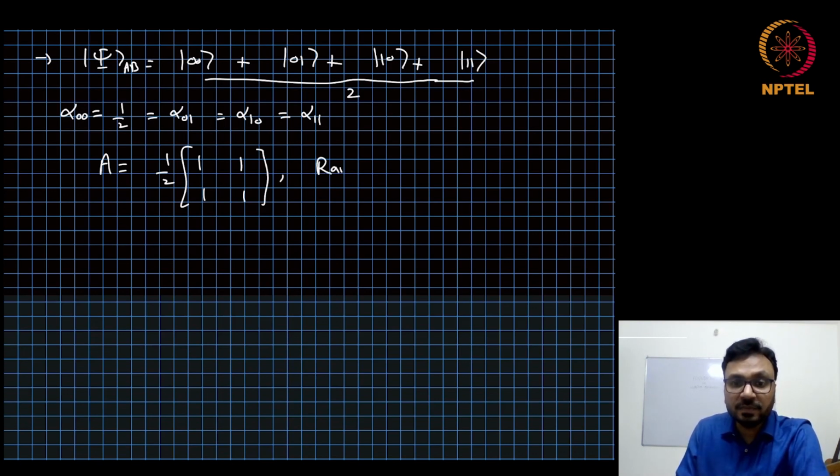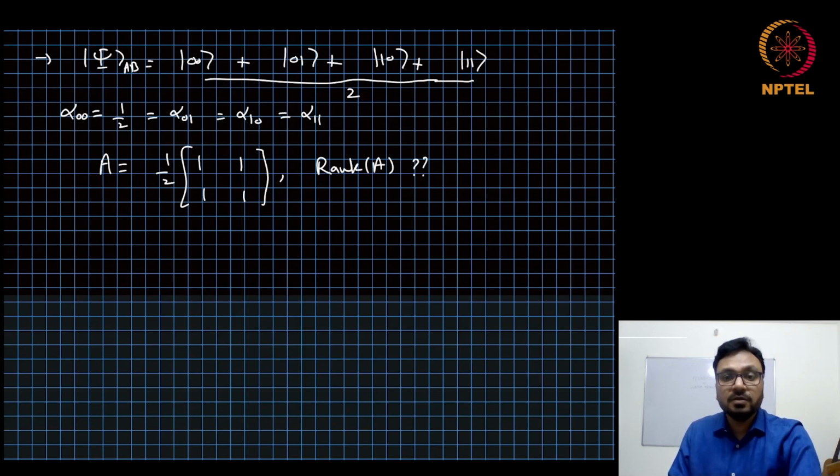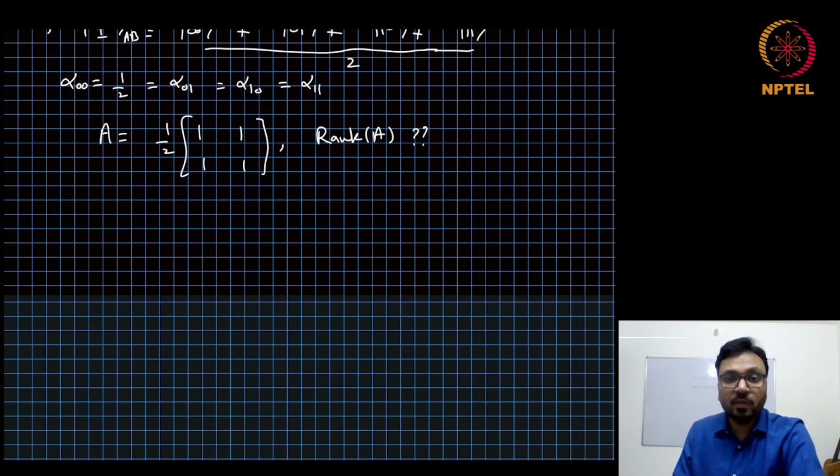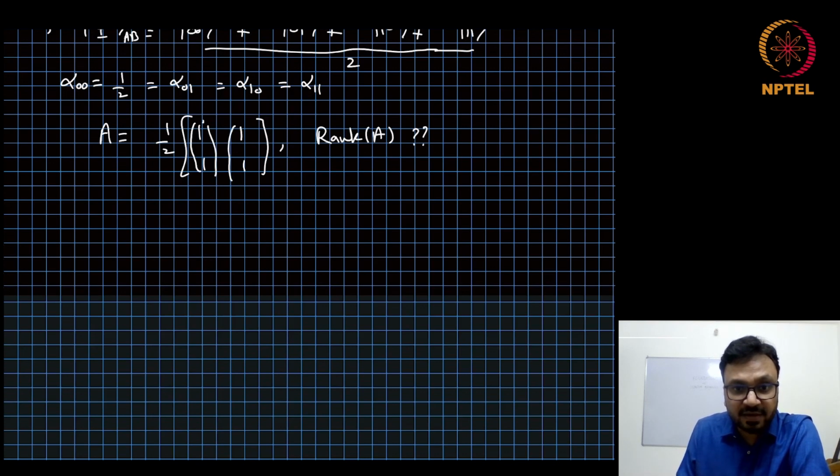Now the question is, what is the rank of the matrix A? To find the rank of the matrix, we see how many independent rows and columns we have. We have one column here, and we have the same repeating. So we have only one independent column, and similarly one independent row. So the rank of A is 1.